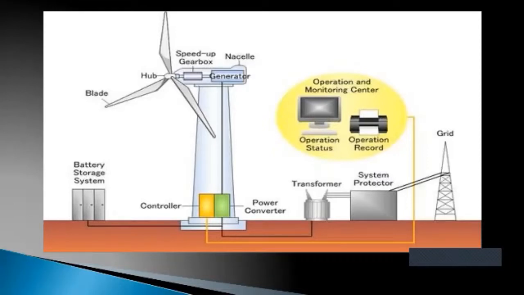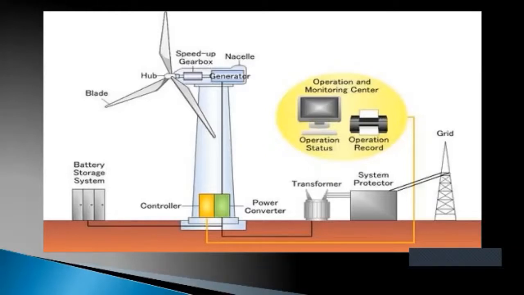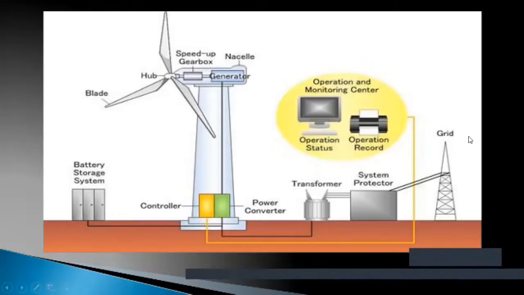This AC supply is transferred to the transformer, and the transformer steps up the voltage. By using the system protector we can protect the transmission line and the transformer from faults, and after that the supply passes to the grid.